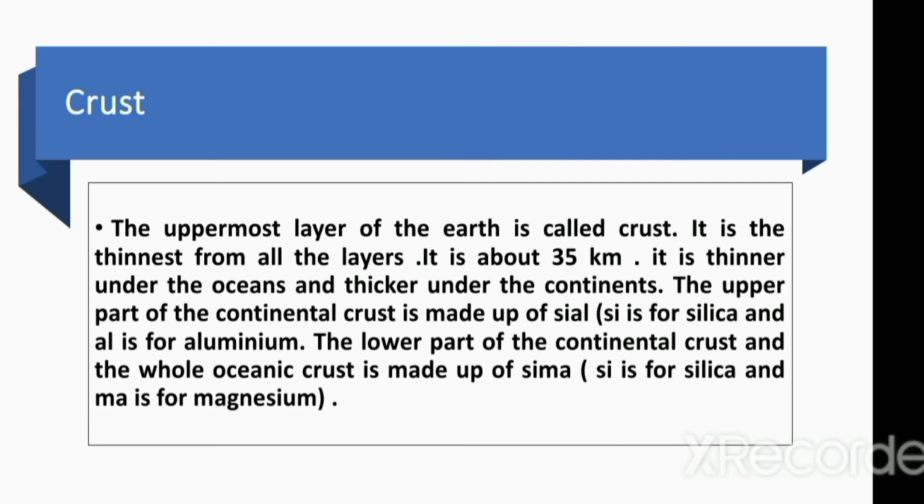The upper part of the continental crust is made up of sial, where si is for silica and al is for aluminium. The lower part of the continental crust and the whole of the oceanic crust are made up of sima, where si is for silica and ma is for magnesium.